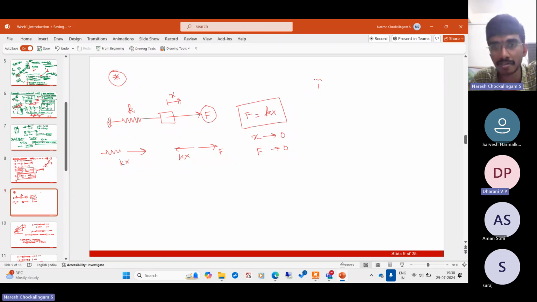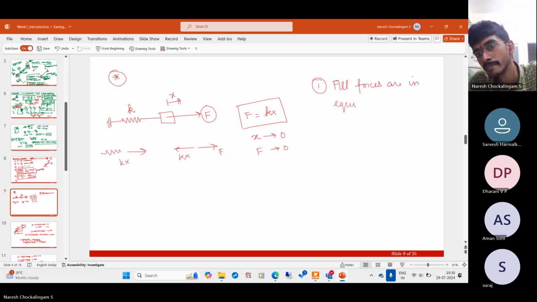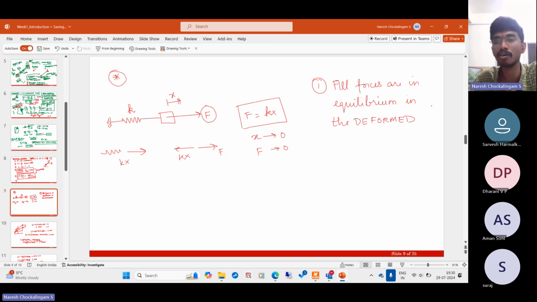So remember, all forces are in equilibrium in the deformed configuration only. Because linear structural analysis is so common, we assume the undeformed and deformed configurations are very similar. We often think that the forces are all applied in the original configuration, but that's not correct.